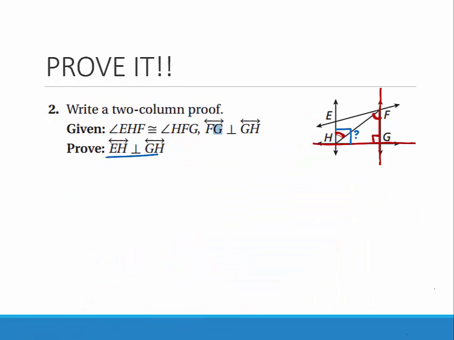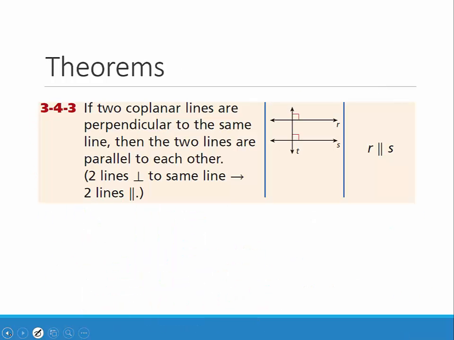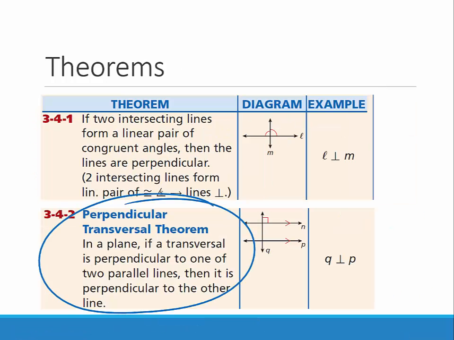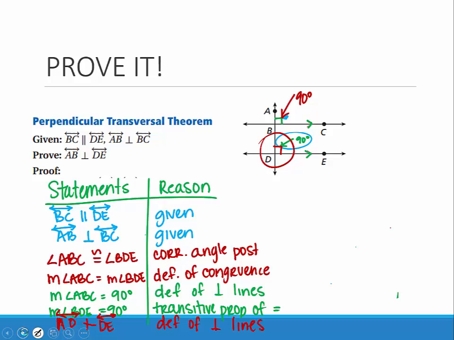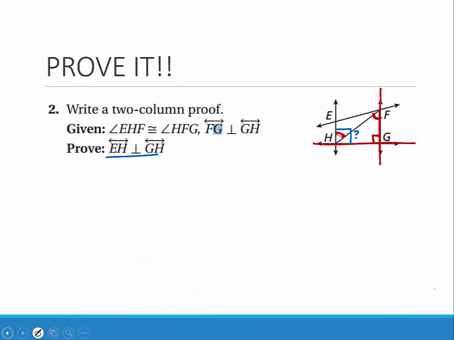They didn't tell us anything about angle measures, so we don't know if anything's a linear pair. The only other one we can use is the perpendicular transversal theorem. So we need to prove that these two lines are parallel so that we can prove the other one has to be perpendicular to it. Keep that in mind as we're doing this.